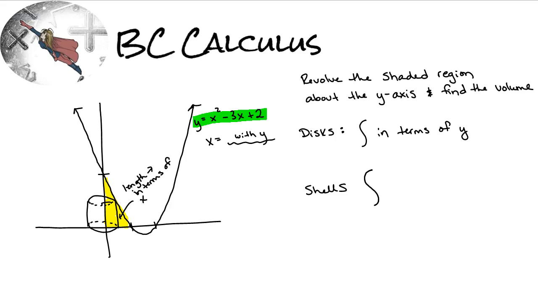Remember, from the front page I said we integrate 2 pi times the distance of the line segment to the axis of revolution times the length of the line segment.